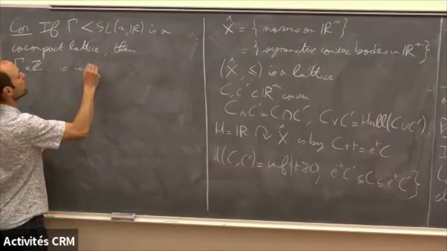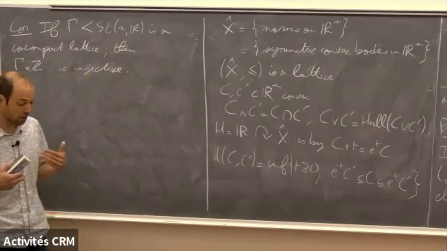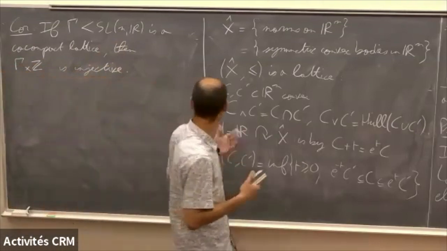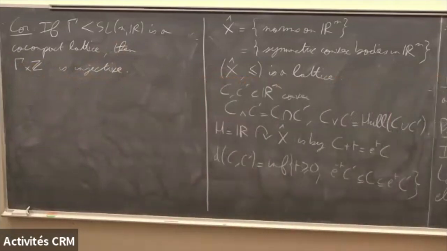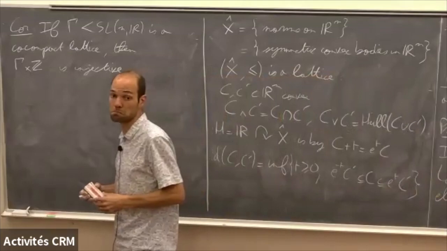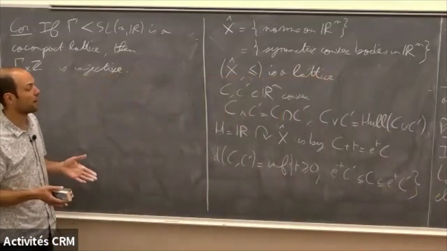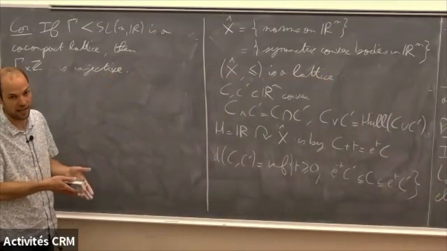It is injective. And this is essentially the only construction I know of a natural action of an injective group which is not known to be Helly. It's through this space, which is infinite dimensional, but still proper. All other constructions I know are finite dimensional, and in the end, just Helly.